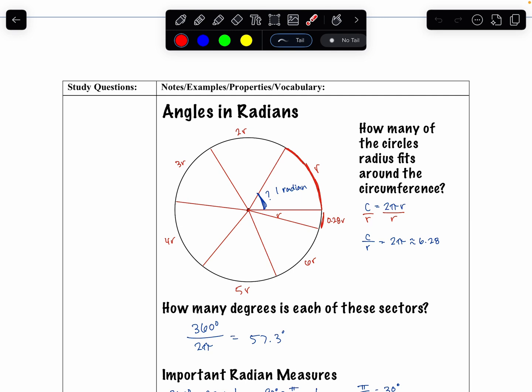If you want to measure how many times the radius can go into the circumference, you'll find that the radius can fit around the circumference 2 pi times, which is about 6.28 times, and that's what we illustrated here, which is why pi over 180 degrees makes sense. This is a conversion factor, because if 2 pi radians fit around a full circle, 1 pi radian will fit around half a circle.